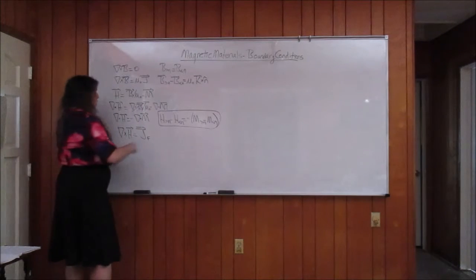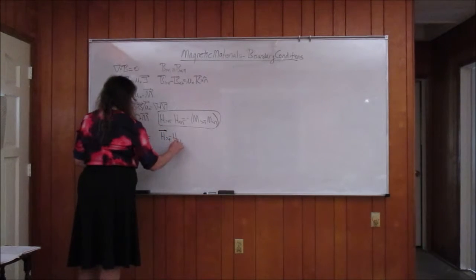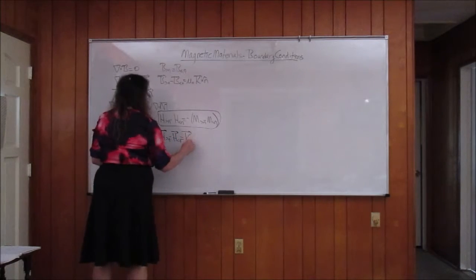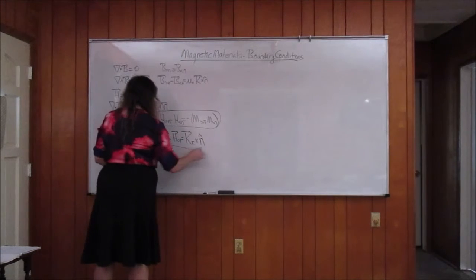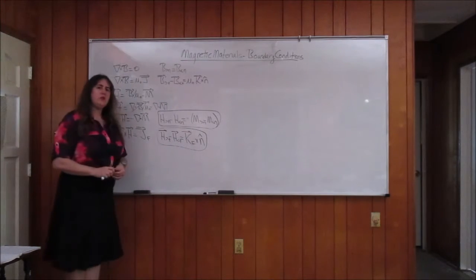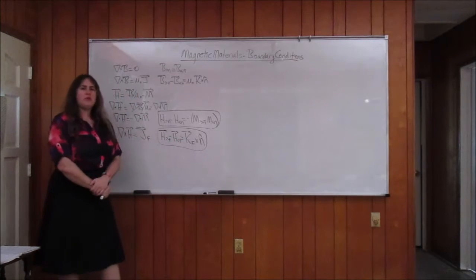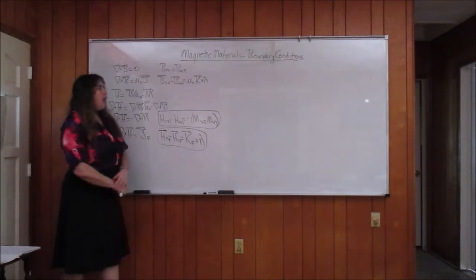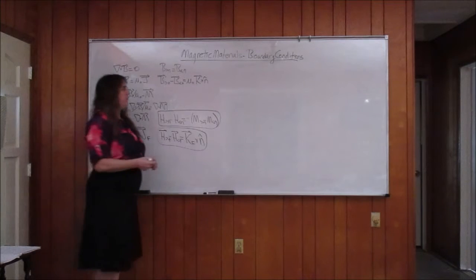So therefore, the discontinuity in the tangential component of the H field is equal to the free surface current density crossed into N. Let's consider what happens if you don't have any free current.